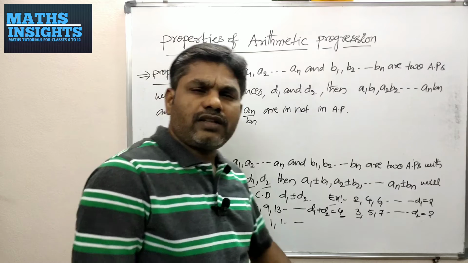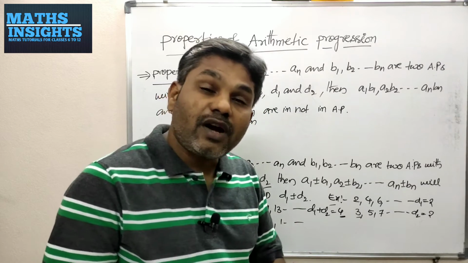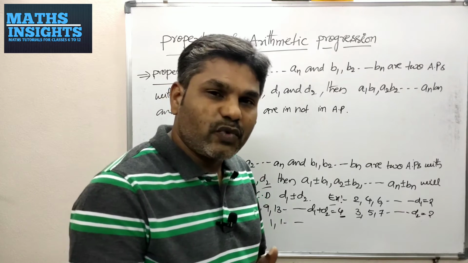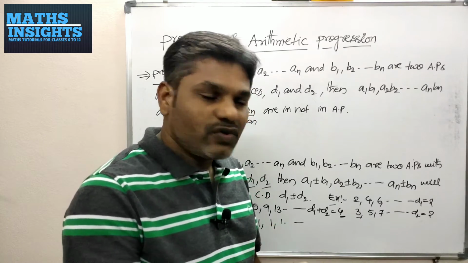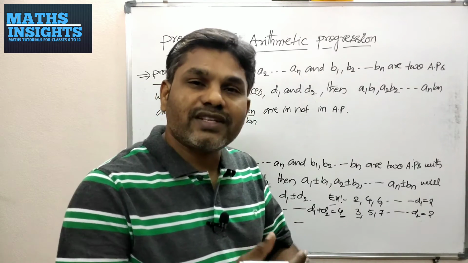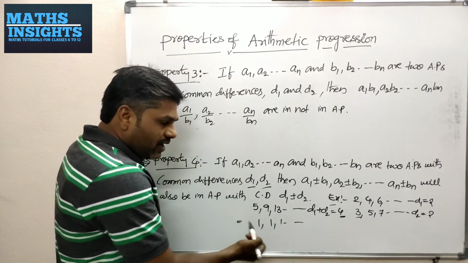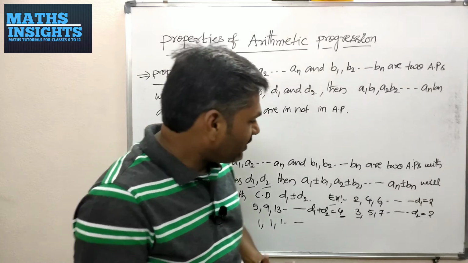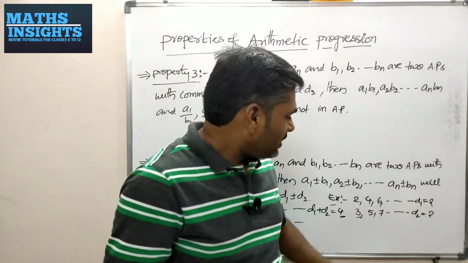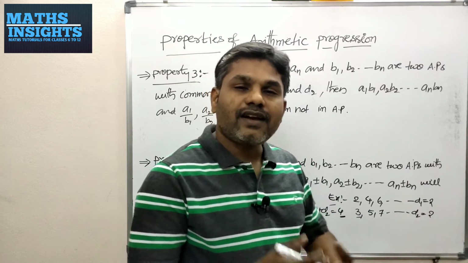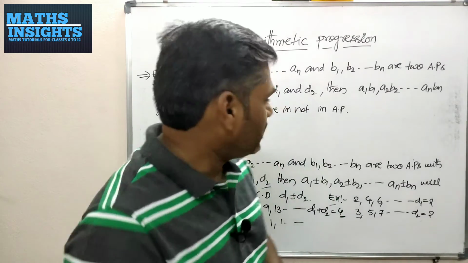This is also an AP, but with the common difference 0. That is called a constant arithmetic progression, since there is no progress in the terms. If you want to obtain the common difference of the result, D2 minus D1, 2 minus 2 is 0.